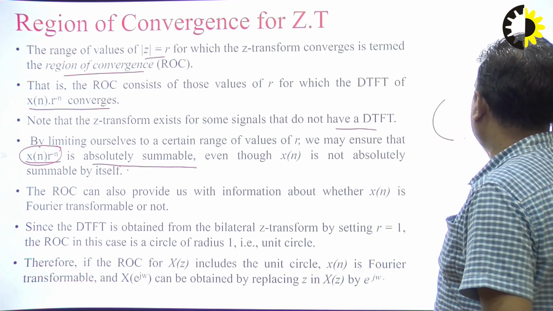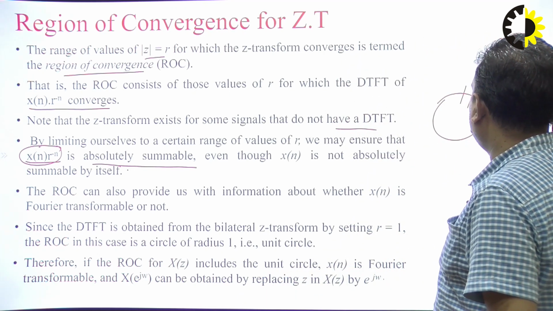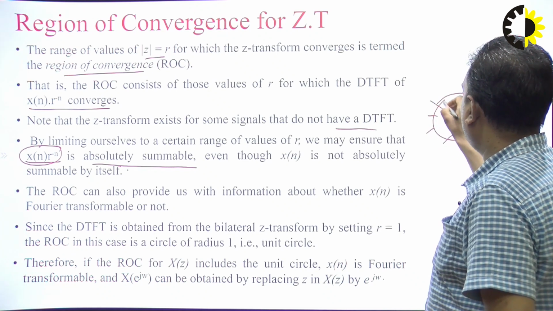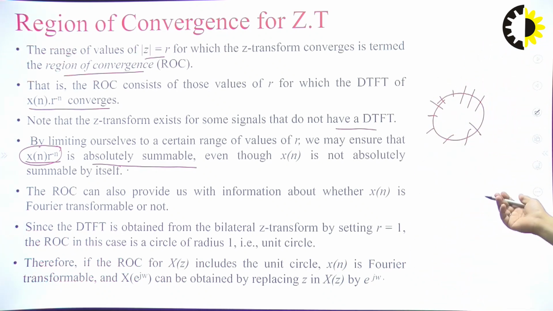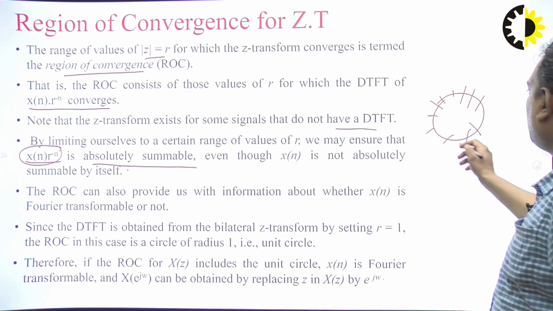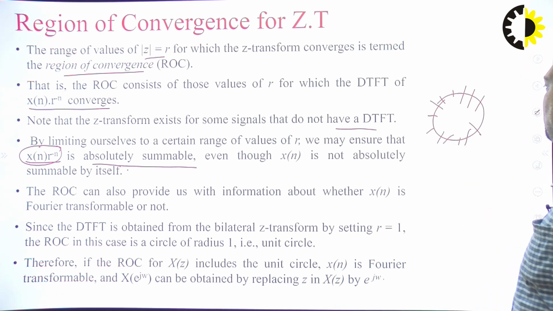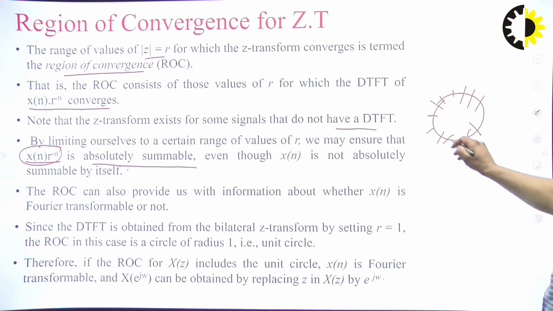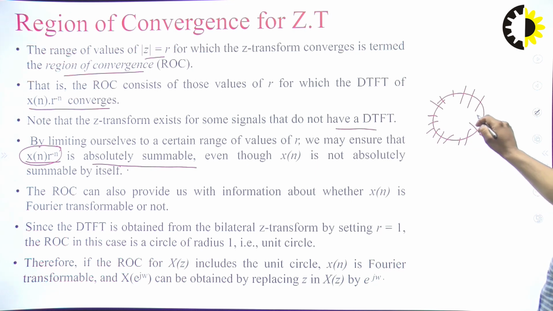The condition is that the unit circle should be overlapped by the ROC. If so, the signal has a Fourier transform, and to obtain the DTFT from the Z transform, simply put r equals 1.